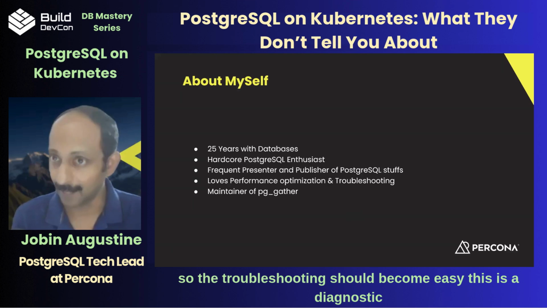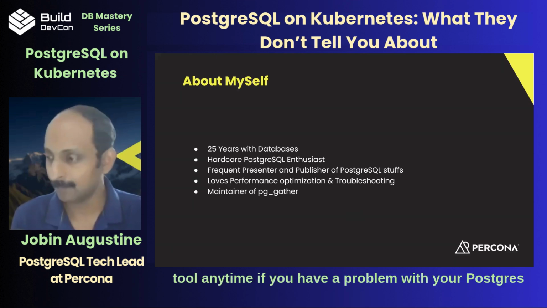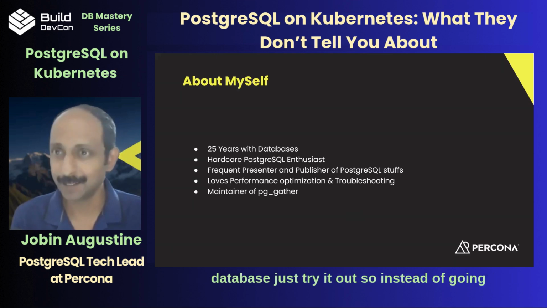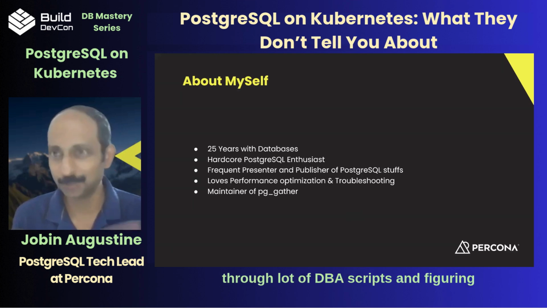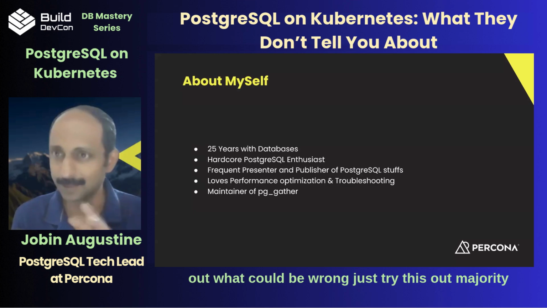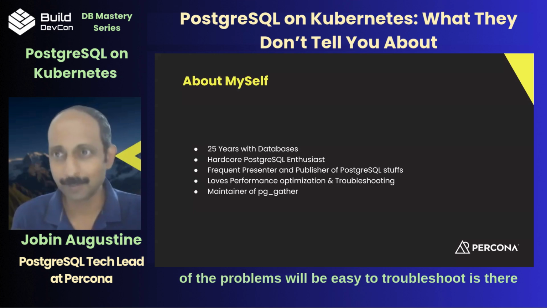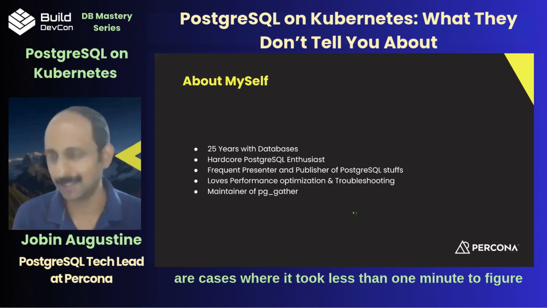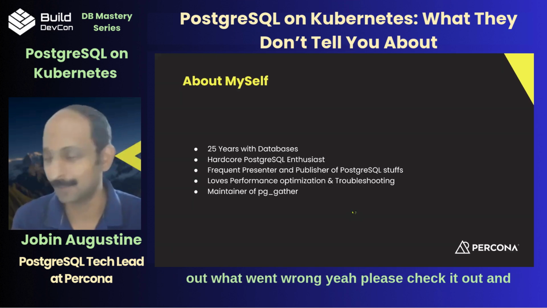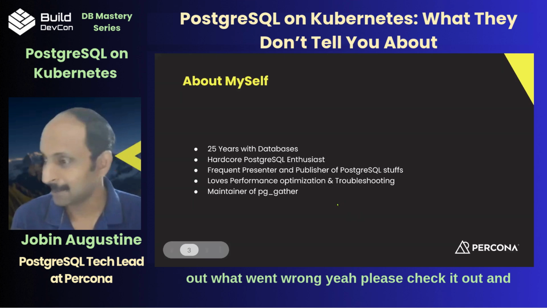This is a diagnostic tool. Anytime you have a problem with your Postgres database, just try it out. Instead of going through a lot of DBA scripts and figuring out what could be wrong, just try this out. The majority of the problems will be easy to troubleshoot. There are cases where it took less than 1 minute to figure out what went wrong. Please check it out.